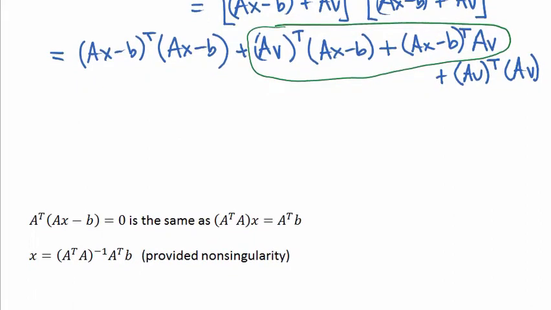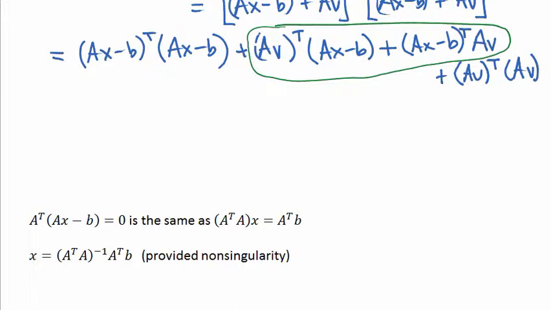So with linear algebra, you always have to be a little bit careful about what it is that you're writing and what it means. So AX minus B is an m by 1 vector, right? So is A times v. V is any n vector, so A times v is an m vector.